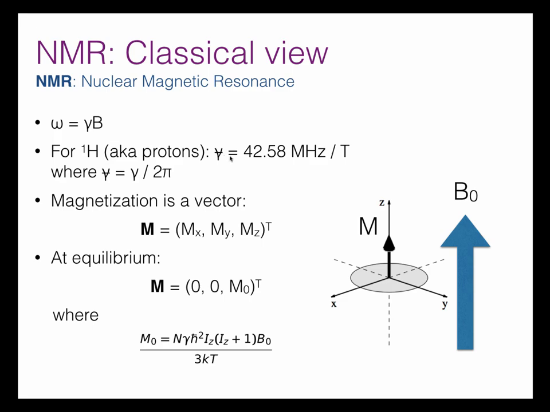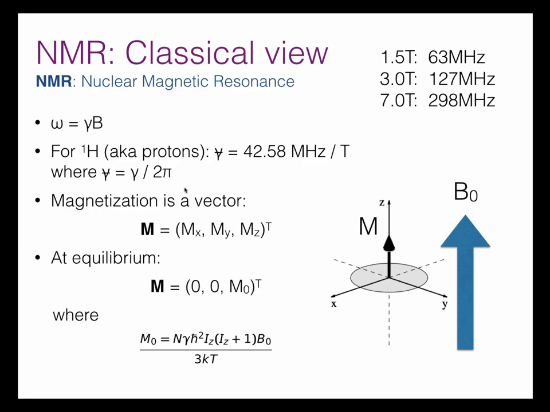So if the gyromagnetic ratio is 42.58, then at 1.5 Tesla, which is the old standard for MRI systems, we'll be running at 63 megahertz. Most of the systems we use are 3 Tesla, so we're typically around 127 megahertz. We also have a 7 Tesla, and maybe a second one later, which is at around 300 megahertz.